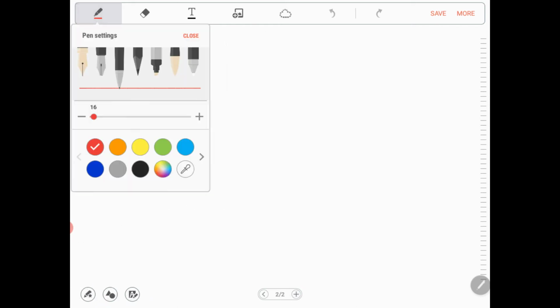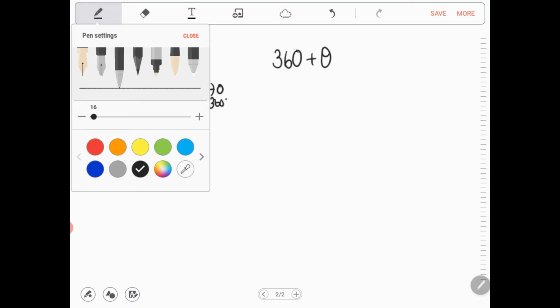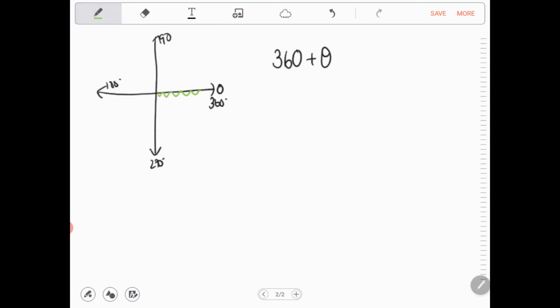Okay, now what happens if you have an angle that is bigger than 360? So like 360 plus an acute angle of theta. All right, so if you can imagine, let me just write this here, 0, 90, 180, 270, 360. So it's a positive angle, so we start on the positive x-axis and we move all the way around.